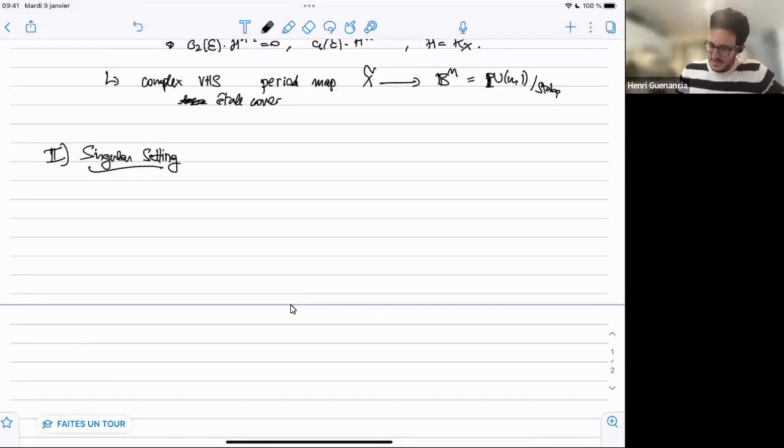In this particular question, it's actually not complicated to see why. So if I consider a quotient B^n mod gamma, where this time gamma might have fixed points.